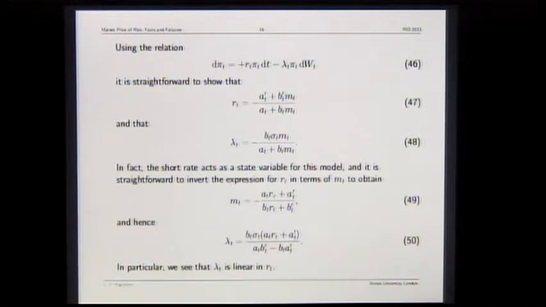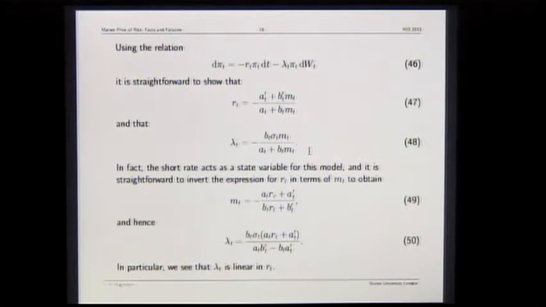And just by using Ito calculus, you find that the short rate is given by this bilinear expression in the martingale M. And the market price of risk is also a bilinear expression in the martingale M. And in fact, in this model, the short rate can be used as a state variable.